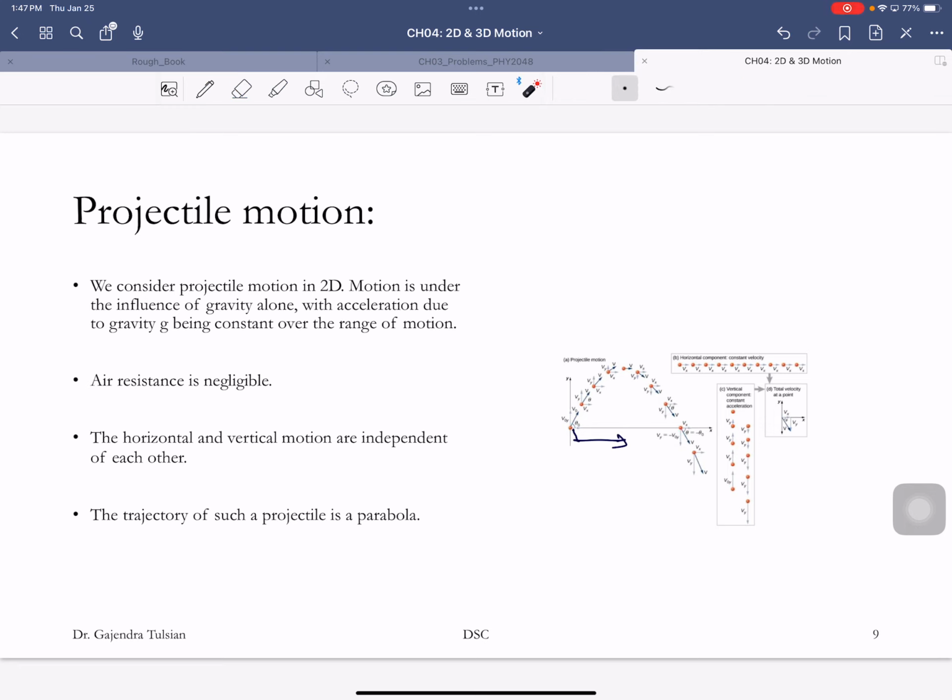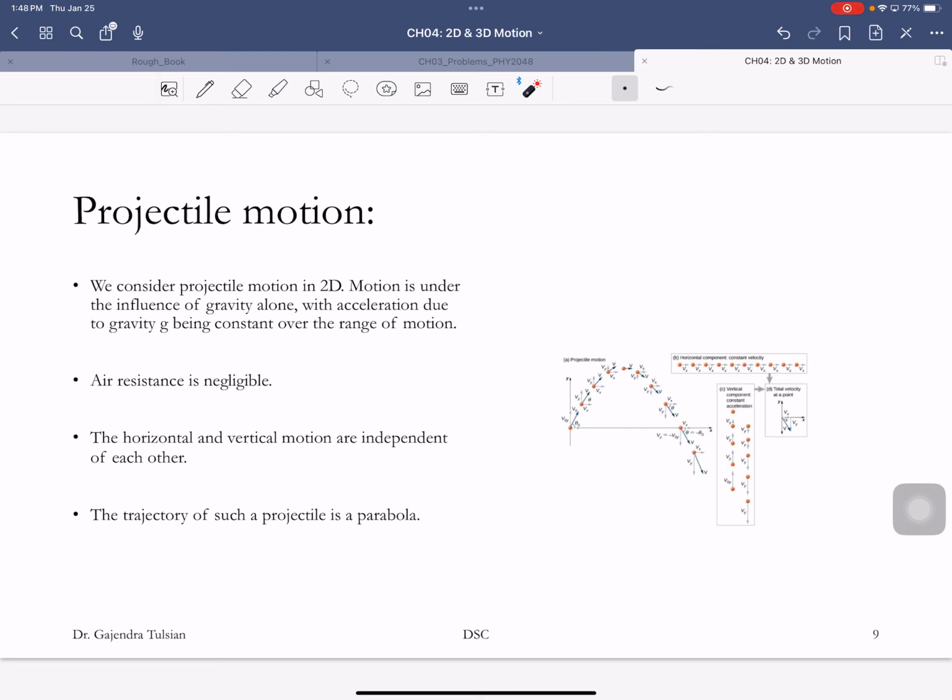You fire, there's the initial speed, there's the launch angle, and the x component of the velocity is constant. So at the very top of its trajectory, all it has is the x component of the velocity, and it's the y component that's changing. The acceleration is pointing downwards and so on. And we'll show you in a second that this trajectory is a parabola.